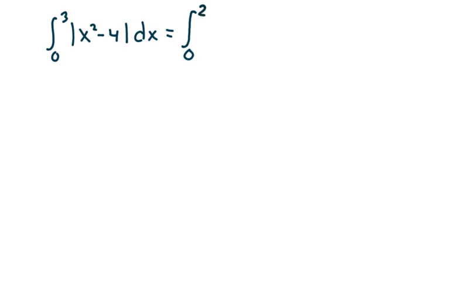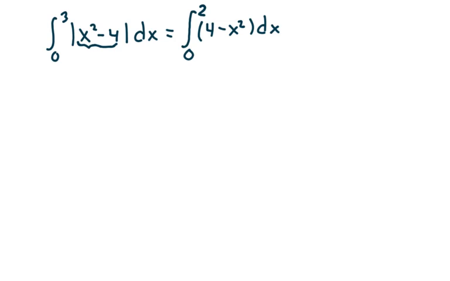So if you go from 0 to 2, if I plug in 1, notice how we get a negative number back. But remember, when you take the absolute value of a negative number, you got to get something positive back. And so I claim this is going to be 4 minus x squared dx.